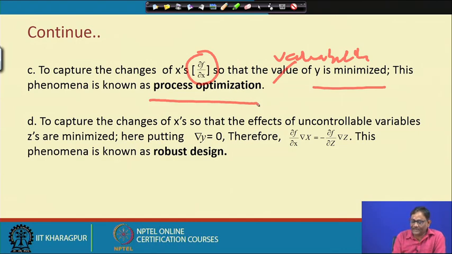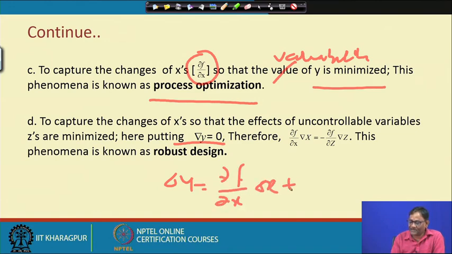So, if we put delta y equal to 0 in the equation, that delta y equals del f by del x delta x plus del f by del z delta z, if we put this equal to 0, then you will get this.